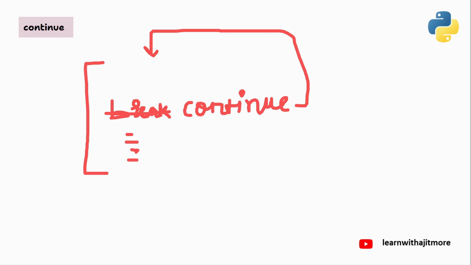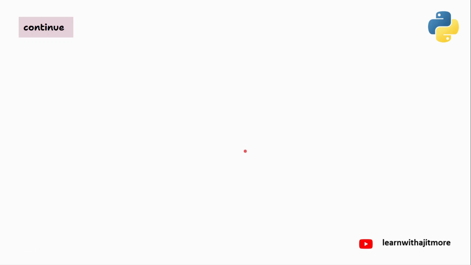So continue just skips the remaining steps of the current iteration, and it will come back to the beginning for the next iteration to start again from the beginning. The next iteration starts again from the start, but the remaining statements of the previous iteration are skipped. Clear? Yes or no?